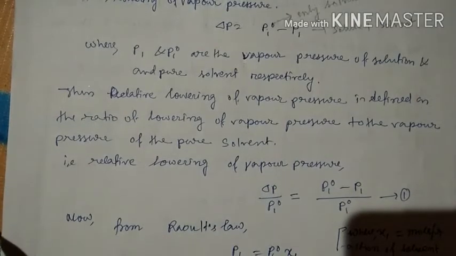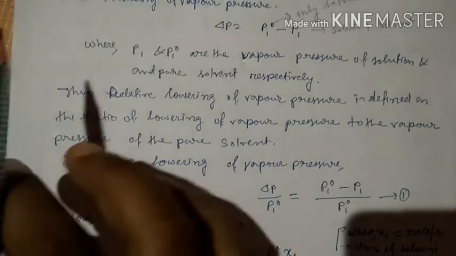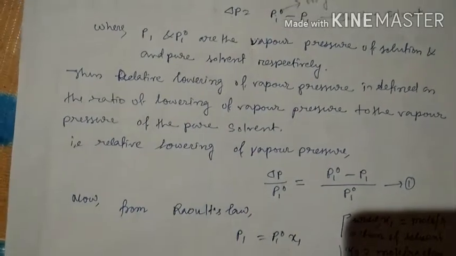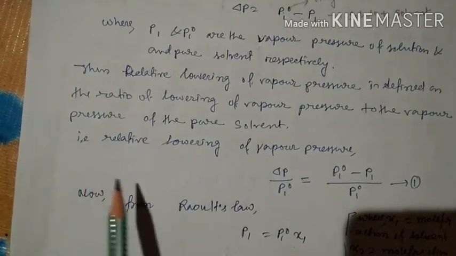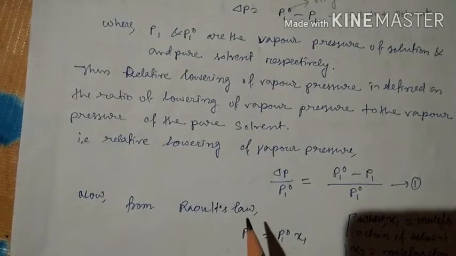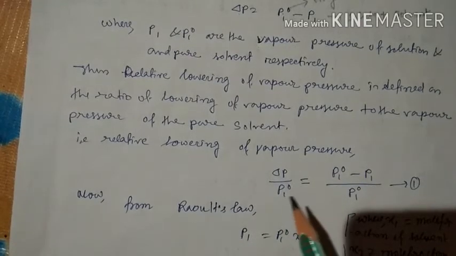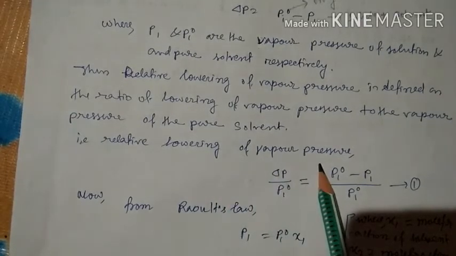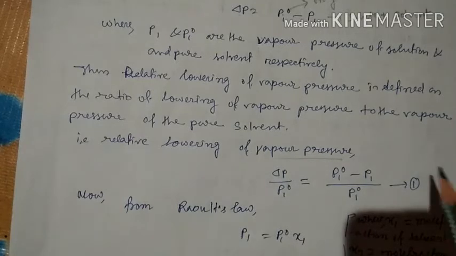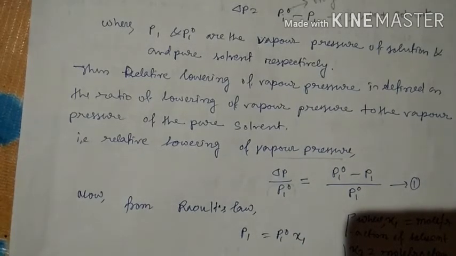Now what is relative? To get the relative of any quantity, we have to relate it with another quantity or property. Relative lowering of vapor pressure means how the lowering of vapor pressure is related to the vapor pressure of the pure solvent.